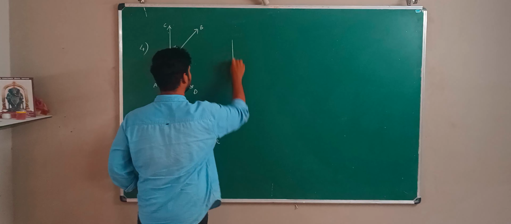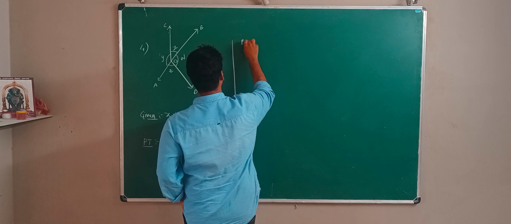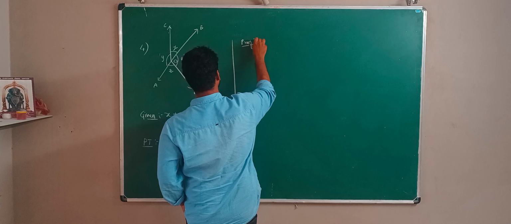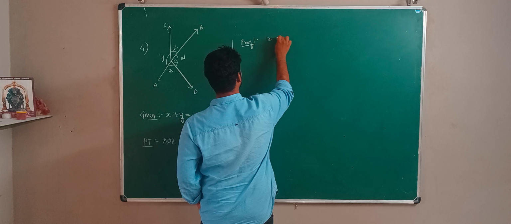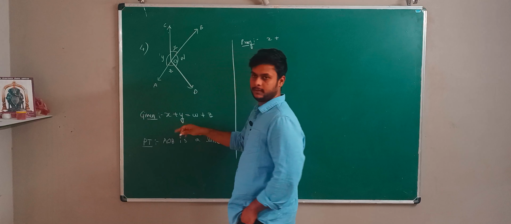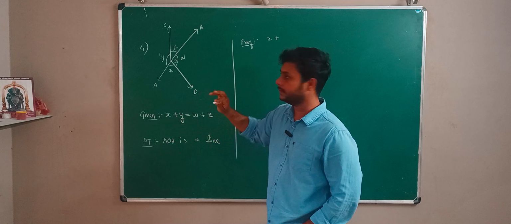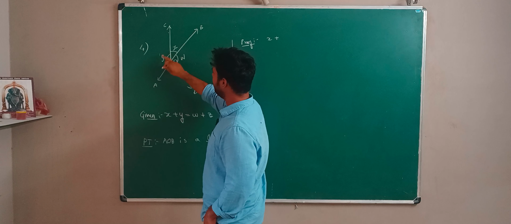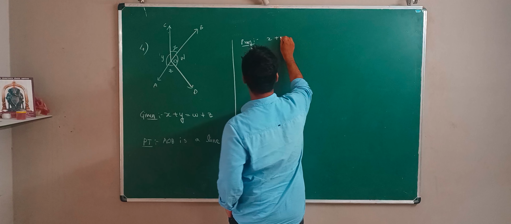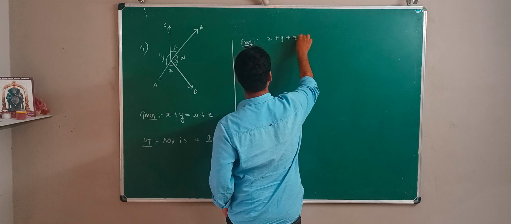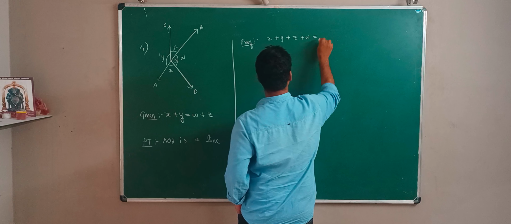So how will I prove that? Say, a very simple proof. So x plus y is equal to w plus z. That is given. Remember this. Now, if I add all the angles x plus y plus z plus w, how much will I get?